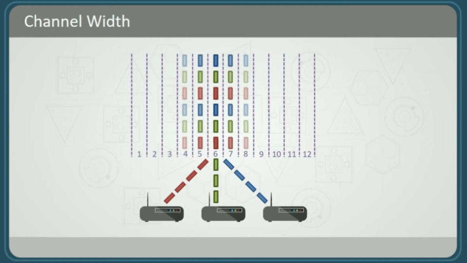Now again, it just comes down to the total amount of bandwidth that you need as to whether or not this is a good idea. There's no harm in this per se, but if you find things are getting a little bit bogged down, you can simply change the channel. So if you were to change one of the devices to channel 7, for example, you might think you've accomplished your goal. One of them is on 6, one of them is on 7, everybody's happy.